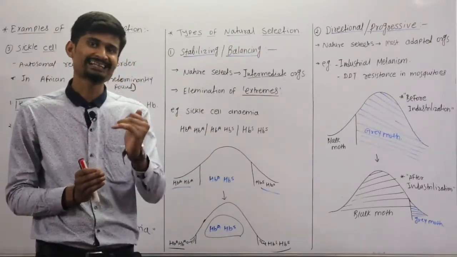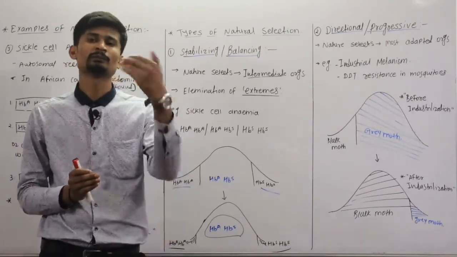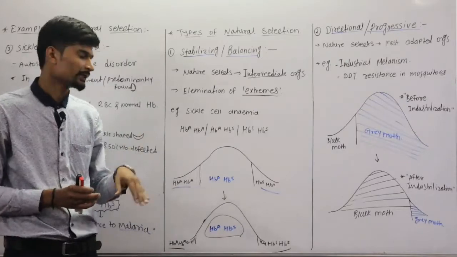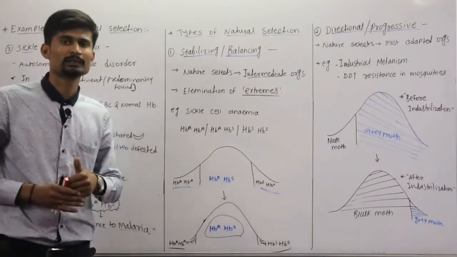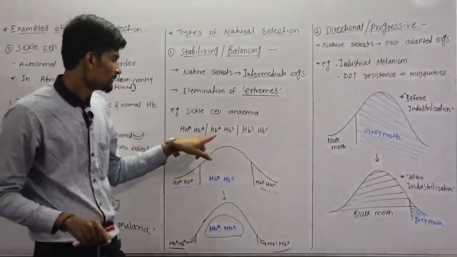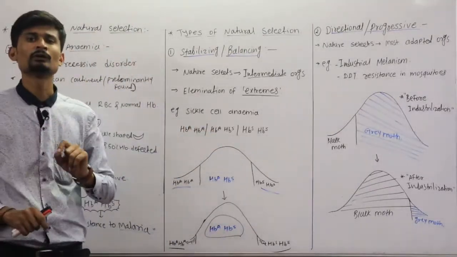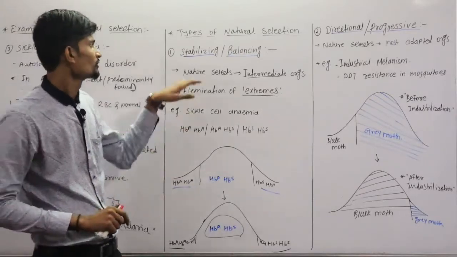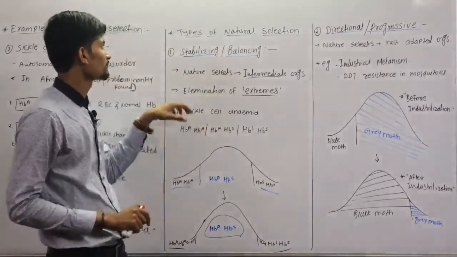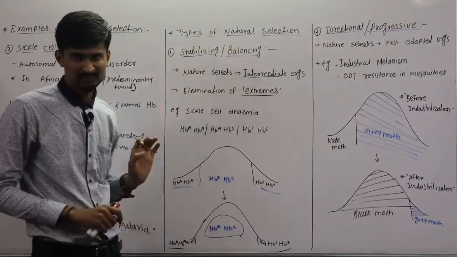But this character is helpful in the African continent because of the malarial disease, and HbA HbS is resistant to malaria. That's why in that particular region nature selects the HbA HbS genotype. So this is an example of a type of natural selection, that is stabilizing or balancing.